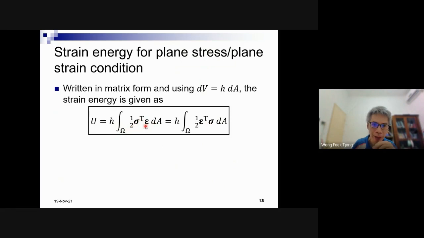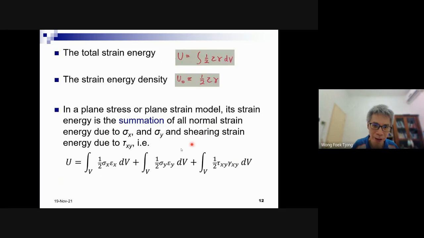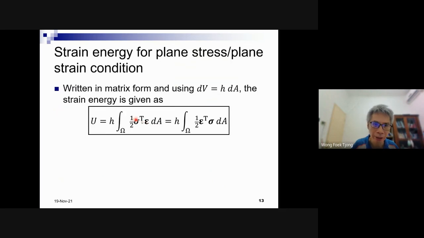Both sigma and epsilon, what are these? Can you remember? That's the column matrix of sigma, and this is the column matrix of epsilon, consisting of three components, x, y, and gamma xy or tau xy. This is the same as this one, just rewritten in matrix form.